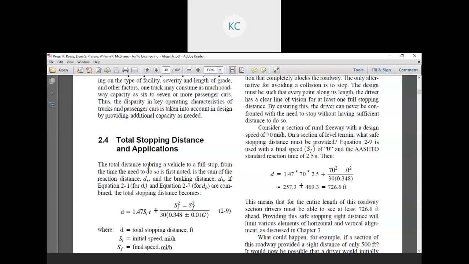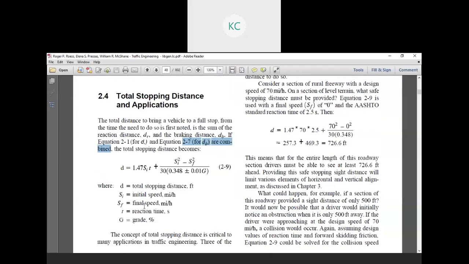The total distance to bring a vehicle to a full stop from the time the need to do so is first noted is the sum of the reaction distance d_r and the braking distance d_b. So the equation is S = 1.47 S_i t + (S_i² - S_f²) / (30 (0.348 ± 0.01 G)).